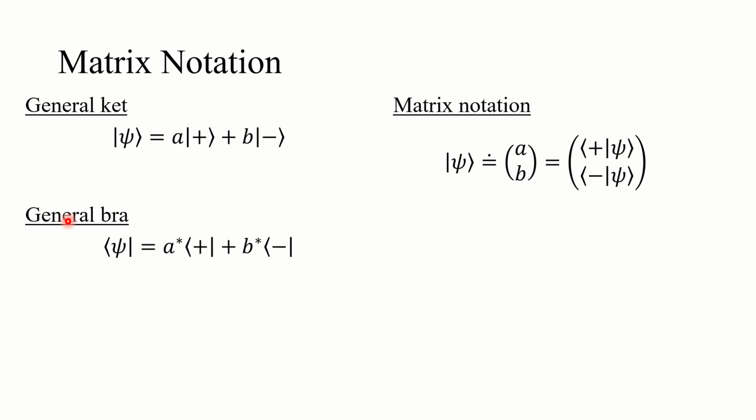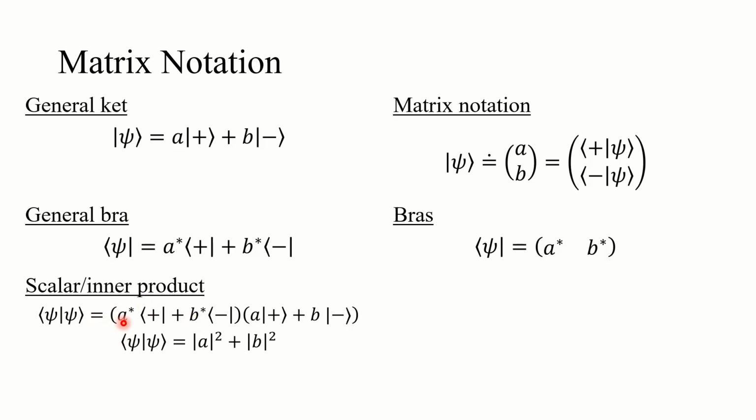If we consider what a general bra might look like, if you remember, we just use our basis bras and take the complex conjugates of these coefficients. In the matrix notation, this has to be a row vector instead of a column vector. And again, we're just taking the complex conjugates of these coefficients. The reason we do this as a row vector instead of a column vector is so that we can actually take the inner product.